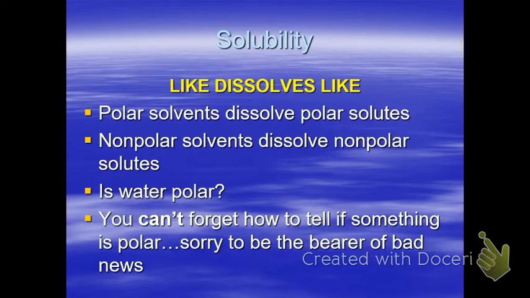There was a column on that chart that indicated what shapes are polar or non-polar. You can't forget how to determine if something is polar or non-polar, because we've already learned that. So if I throw a covalent compound at you, I'm going to assume that you're able to tell me if it's polar or not.